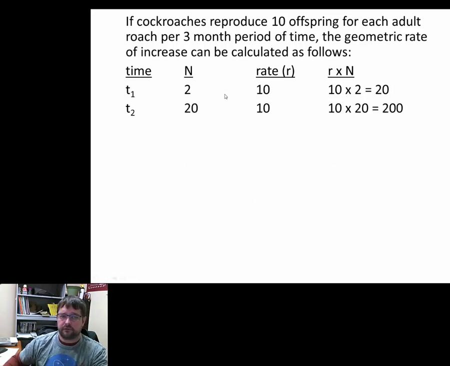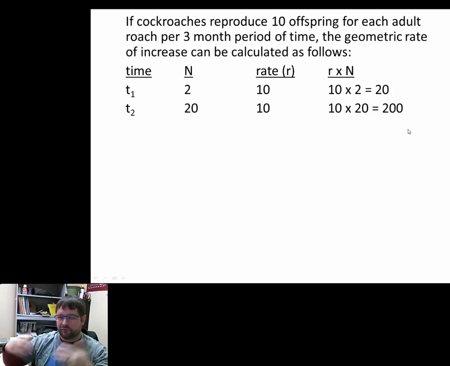Time 2. You have that 20, still 10, so now you have 200. So if those 20 are going to reproduce, 200. Now, this is not taking into account that some of these 20 could be males. We're just assuming that these 20 are going to be females, and that this original 2 are females. Because males are not reproducing, let's say we have 4 cockroaches, and 2 of them are female.